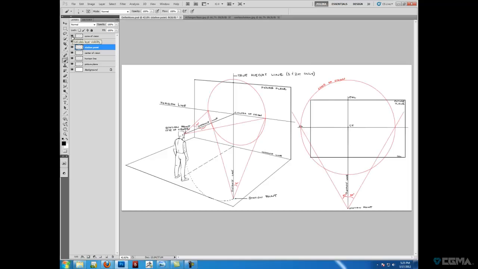Now, I will go over how to set this up as soon as we start measuring in 1-point perspective. But today I would like to go over the different types of perspective, some examples, and how to use reference points, which are also known as measuring points, and how to transfer lines.